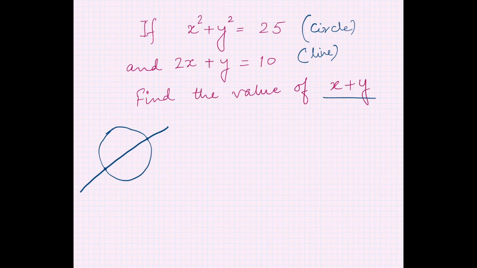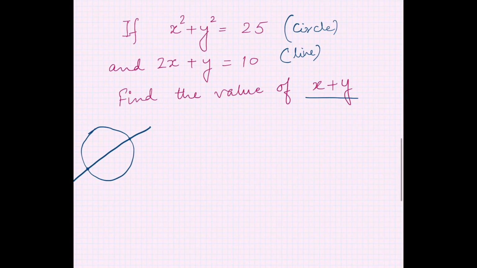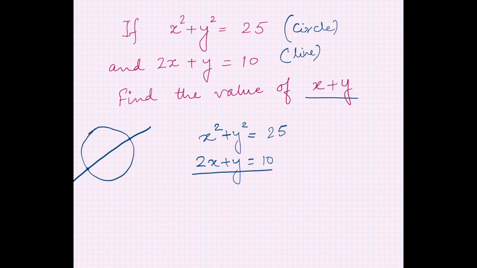All right, so we have the first equation as x squared plus y squared is equal to 25, and our second equation is 2x plus y is equal to 10. Now it's easier to simplify the second equation, so we will move that 2x to the other side, so that becomes y is equal to 10 minus 2x.